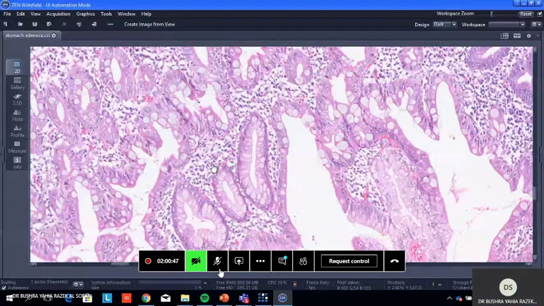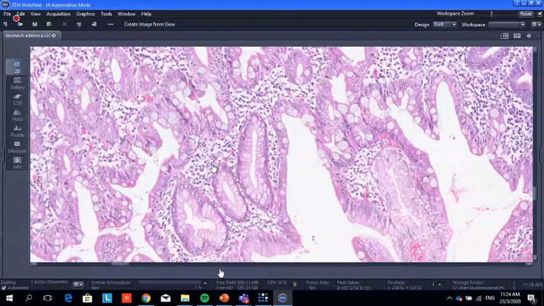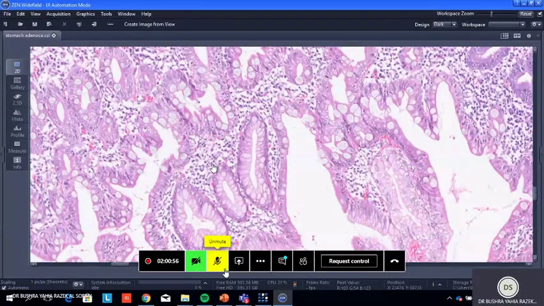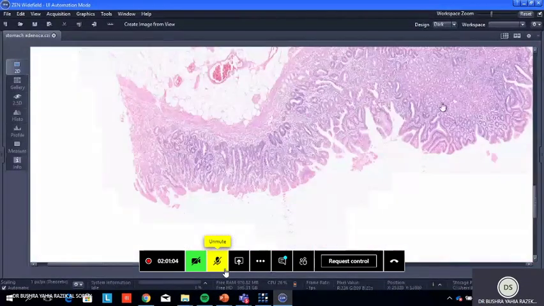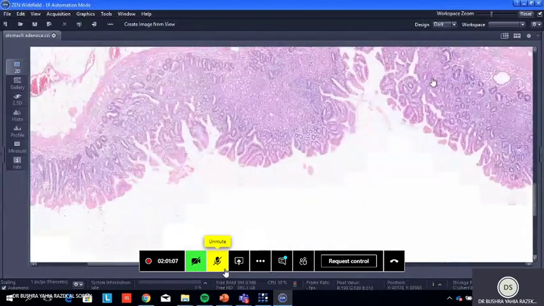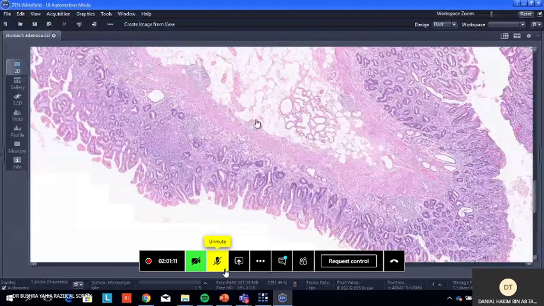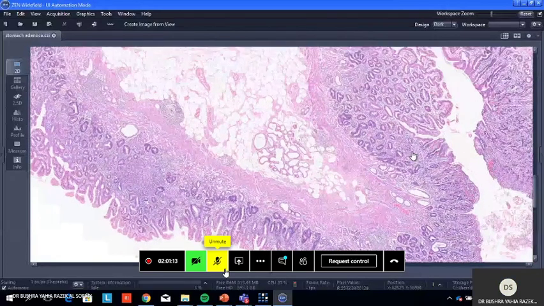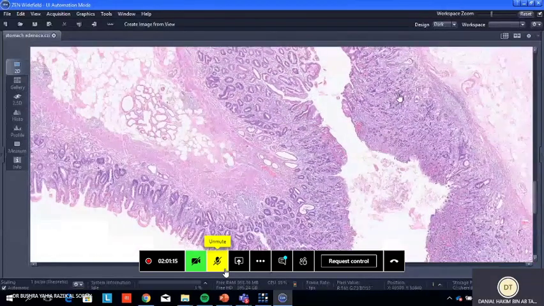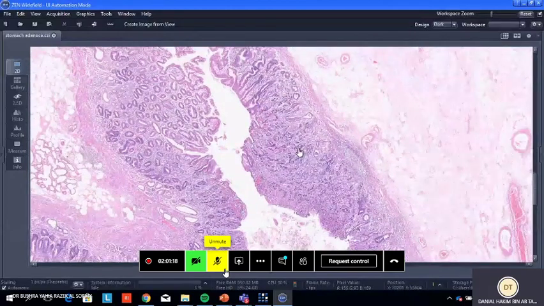Because of the presence of tumor emboli in the lymphatic vessels. We cannot say it has metastasized, but this can lead to metastasis. Any question here? No. Clear? Yeah.